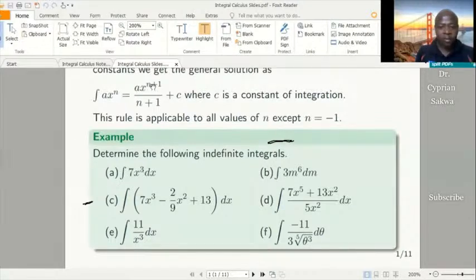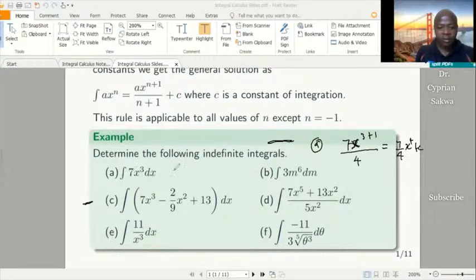As we said from our rule, we shall add 1 to the power and divide by the new power. So the solution to this first one, when you raise the power by 1, this is 3 plus 1, so the new power is 4, divided by that 4. What you have is 7 over 4, x raised to 4, and then add a constant of integration.